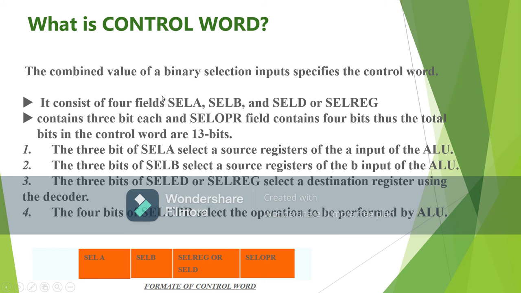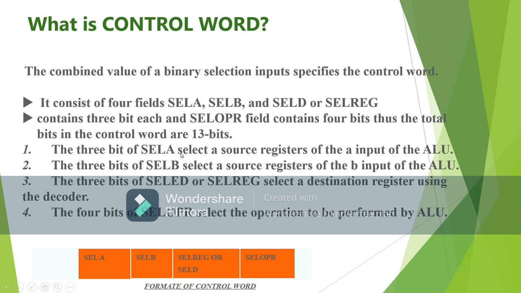It consists of 4 fields: select A, B, D, or select register. It contains 3-bit each, and select OPR field contains 4 bits. Thus the total bits in the control word are 13 bits.